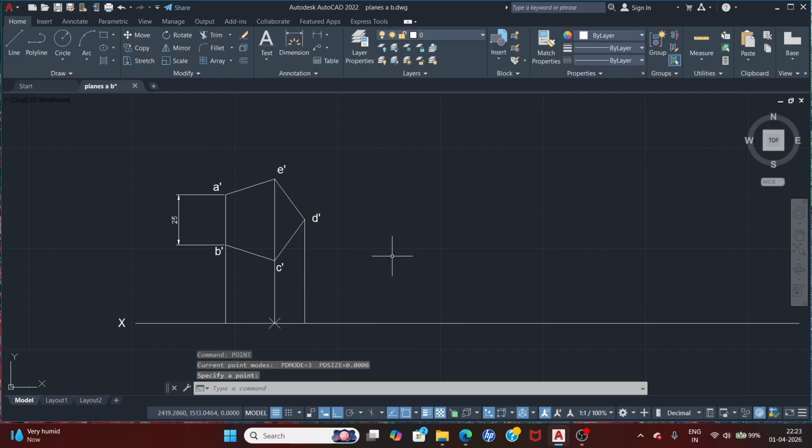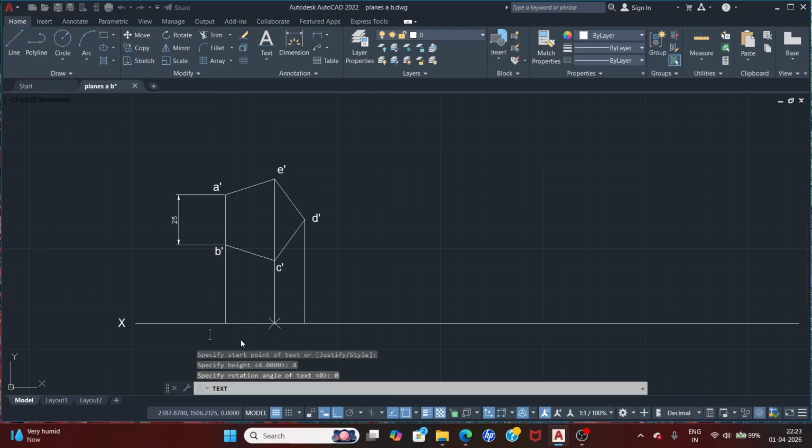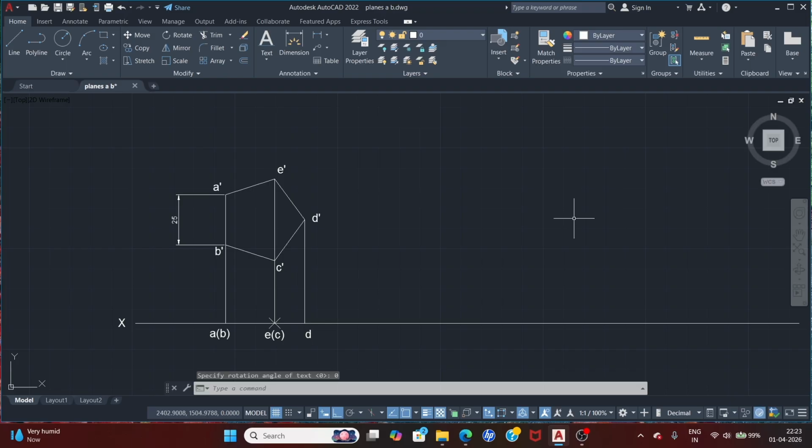Then you need to copy that straight line which is on XY. Before copying, I am indicating the text as B in bracket A, E in bracket C, and D. Why?